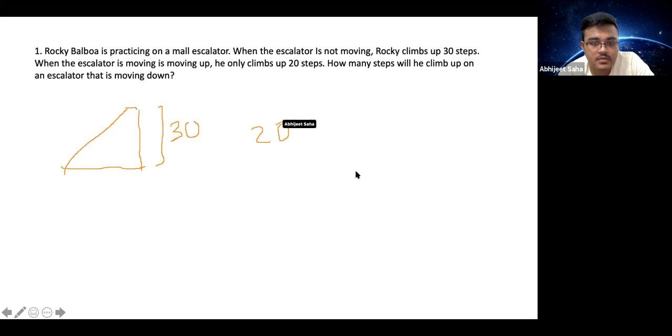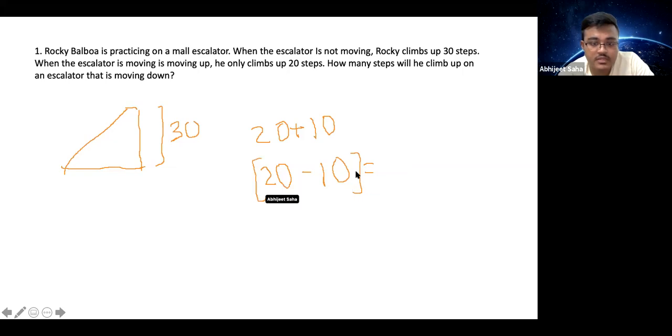So the rate with the escalator was 20 plus 10 for that time period. And then if it's going down, then it's going to be 20 minus 10. So then that's going to equal 40.